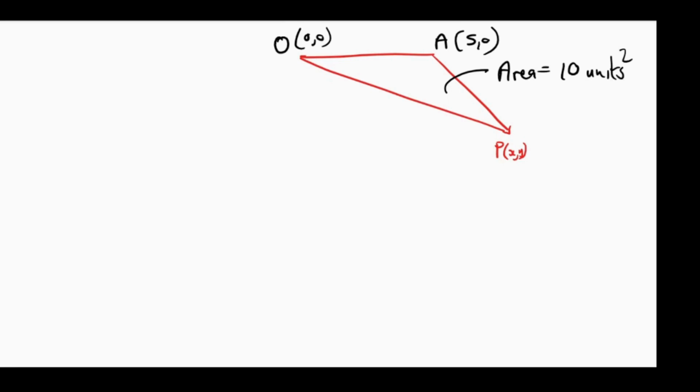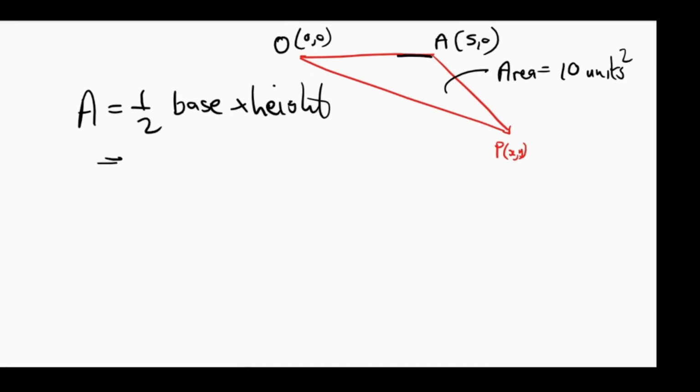So the first thing is, let's identify the area of a triangle. The area of a triangle is half base times height. Right, so we're going to take this as the base. Why am I taking this as the base? It is because this side here is going to be our perpendicular height.